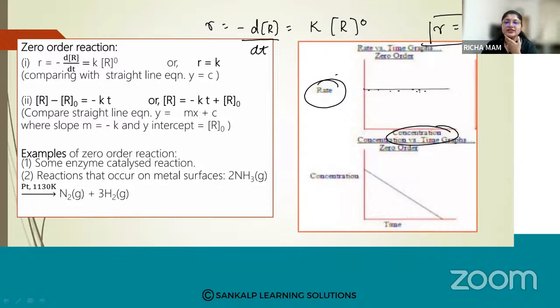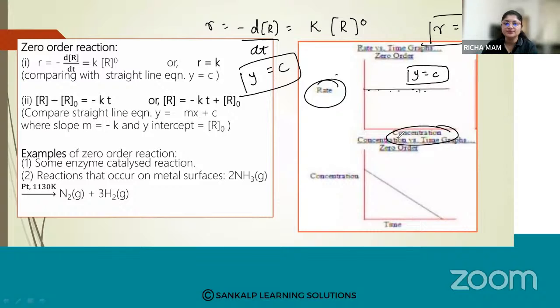So the rate of the reaction is directly proportional to the rate constant. If we compare this straight line equation, it is y equals c. So this graph represents y equals c, and this is about your zero order reaction.